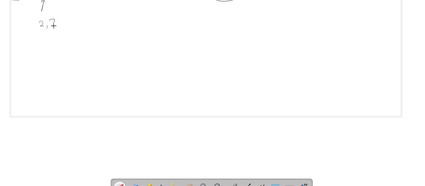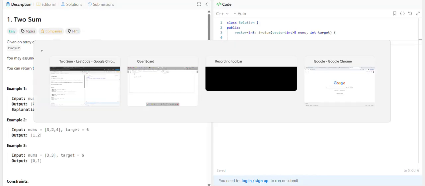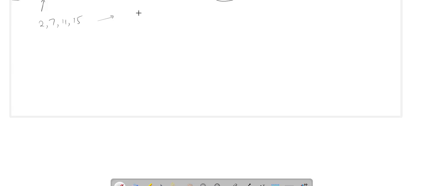So you have 2, 7, 11, 15, and then you have to come up with two numbers whose sum would be equal to 9. Now the idea is that those numbers can be anywhere. This is important and we need to pay attention to that. So if we were going to find these two numbers, now these can be anywhere.